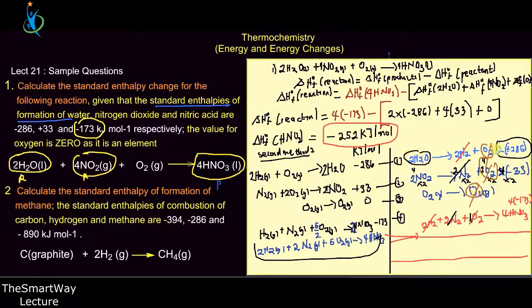All this is going to cancel, because when I added the oxygens on this side of the equation, I had 1 plus 4 of this plus 1 of this, so I'm going to get 6. So this will cancel this, and the remaining oxygen will be here. When you add everything, you have to get back your final equation. So let's add everything and see.